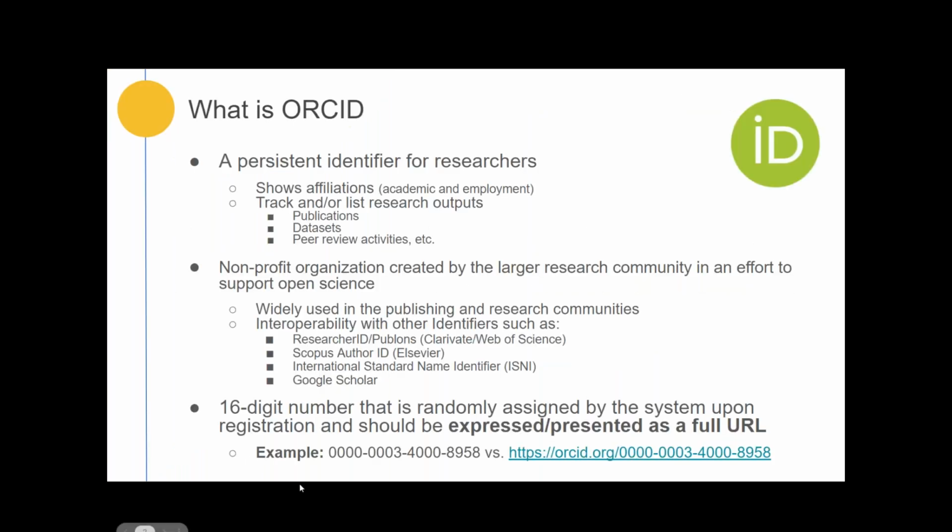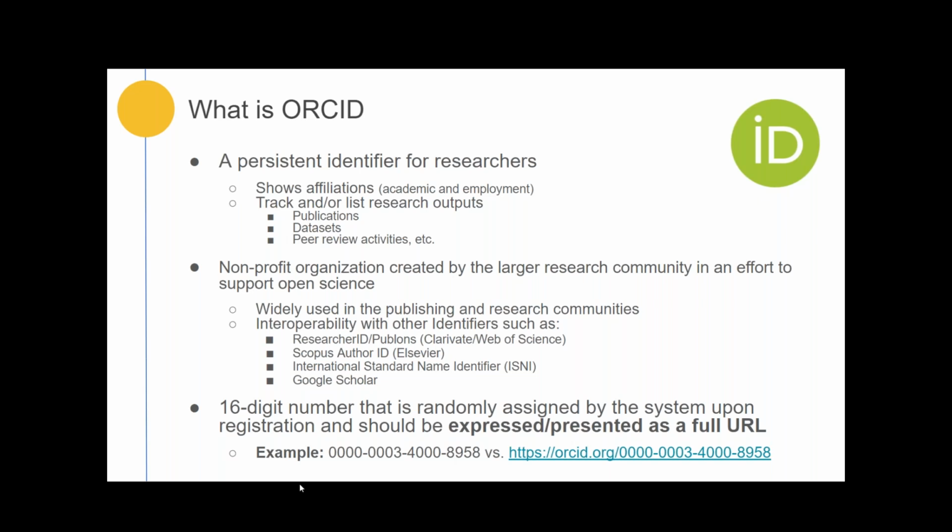So with that, let's talk about what ORCID is. I'm going to briefly go over this because I think most people are familiar, but ORCID is a persistent identifier. It is an identifier for researchers. Within ORCID, you can see someone's affiliations. You can track and list your research outputs, so not just publications, but data sets, your peer review activities.